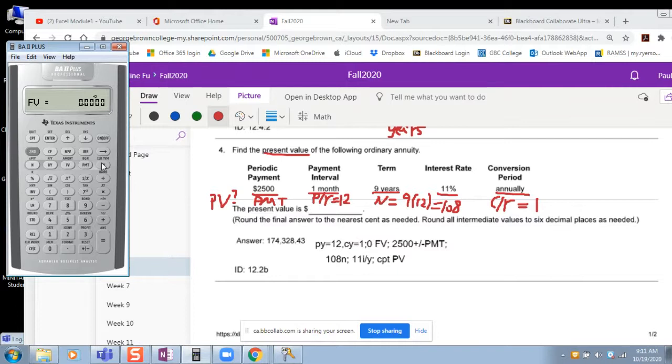Don't forget this, 0 FV. Finally, compute PV. So you get $174,328.43. So this is how you find the present value for an ordinary general annuity. Any questions?